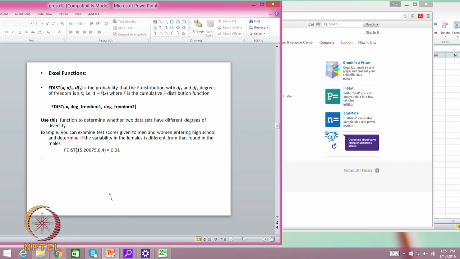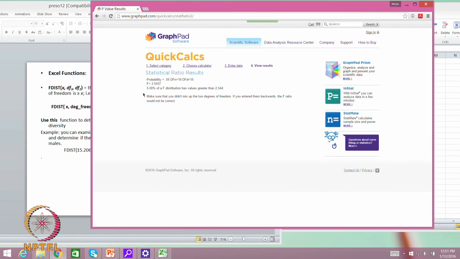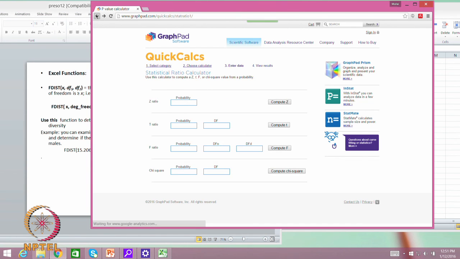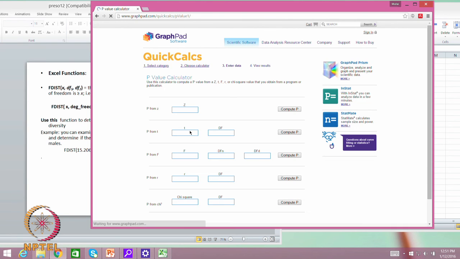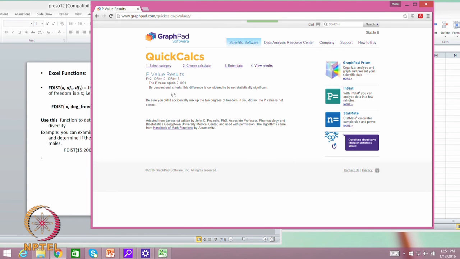So, if we want to do FDIST, then obviously we use the other option here. Okay, here we give the F value and then this will give you the probability value, equivalent to FDIST. So, it gives you 0.1091, understand.